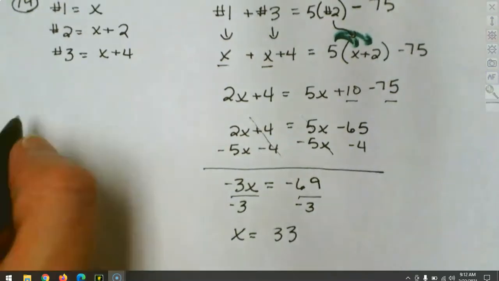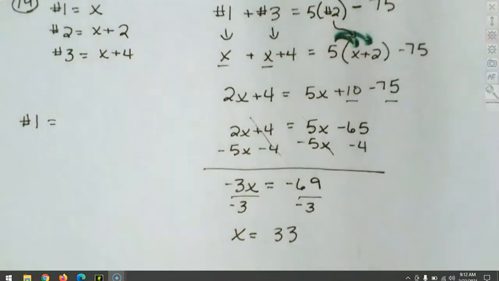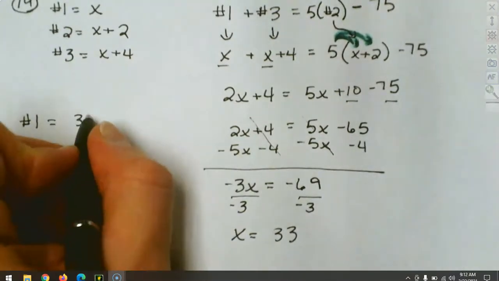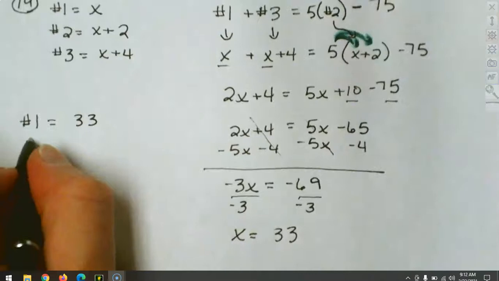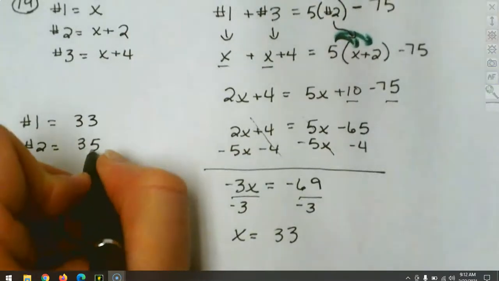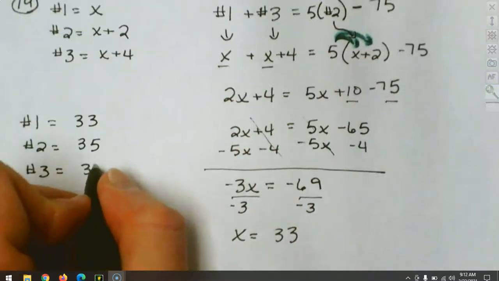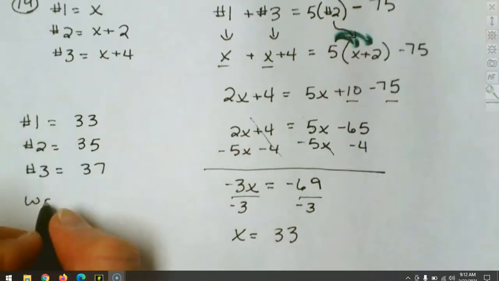Okay, so let's go ahead and get all 3. So my first number is x, so that's 33. My second number, add 2 to that, is 35. And my third number is 37. We want the third number.